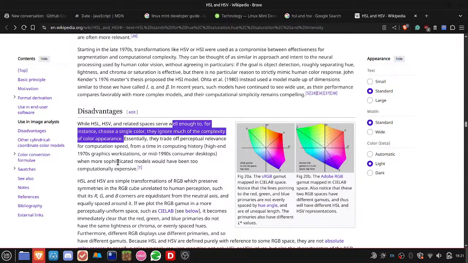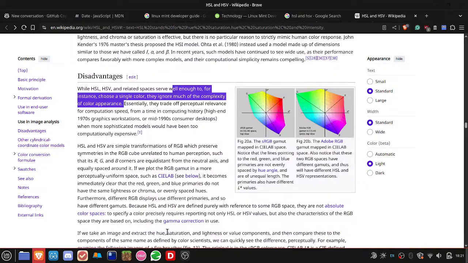A simple transformation of RGB which preserves symmetries of the RGB cube related to human perception. So yes, that is RGB corners equidistant on the neutral axis and equally spaced around it. In more perceptually uniform spaces such as CIELAB, it becomes immediately clear that they do not have the same brightness or chroma or evenly spaced hues. That's what I was thinking actually.